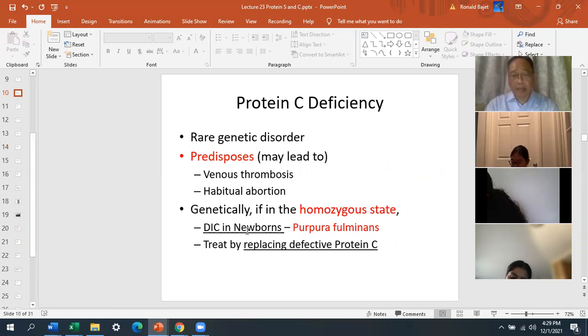Okay, so the baby, the newborn, will get DIC, and to treat it, because hopefully you've done your prenatal screening and found protein C deficiency at birth, hopefully you can replace that defective or missing protein C, and hopefully the baby will not go into DIC and result in purpura fulminans.